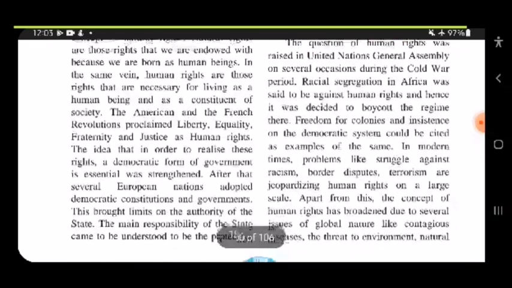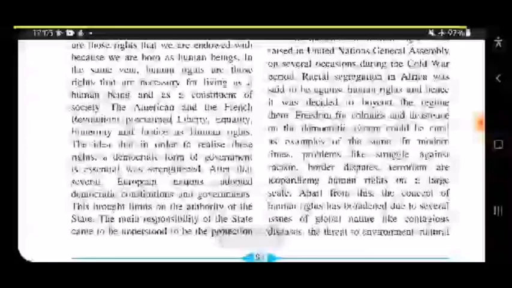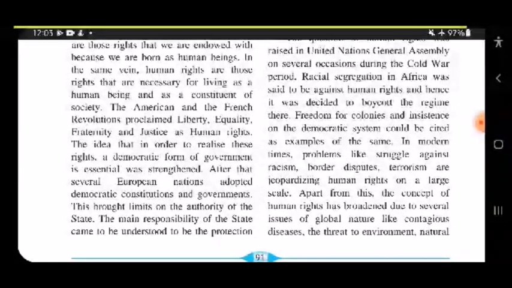Freedom for colonies and insistence on the democratic system could be cited as examples of the same. In modern times, there are problems like the struggle against racism, border disputes, terrorism, and jeopardizing human rights on a large scale. So these are certain problems, that is racism, border disputes, and terrorism.